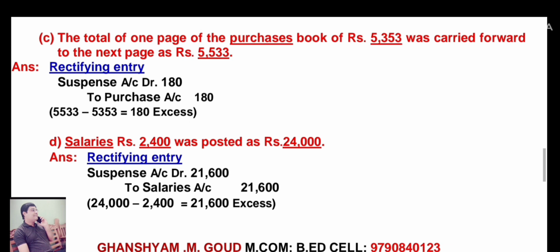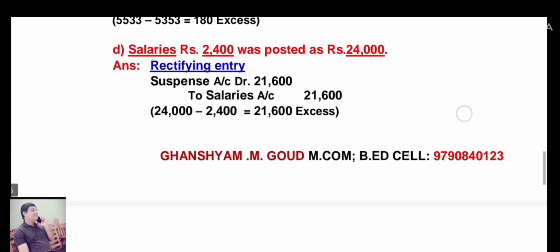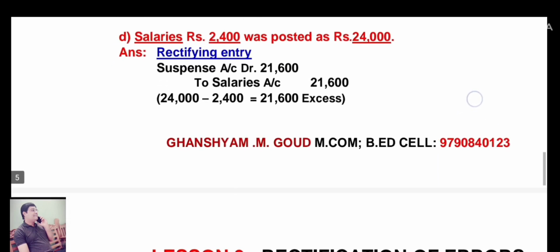5,533 minus 5,353 is 180 excess. The difference value only we have to write. Okay. Next question. Salary rupees 2,400 was posted as rupees 24,000. So instead of 2,400, it is written 24,000.